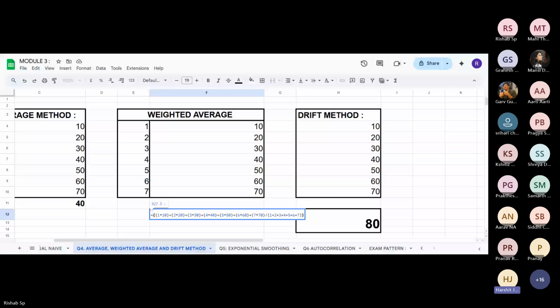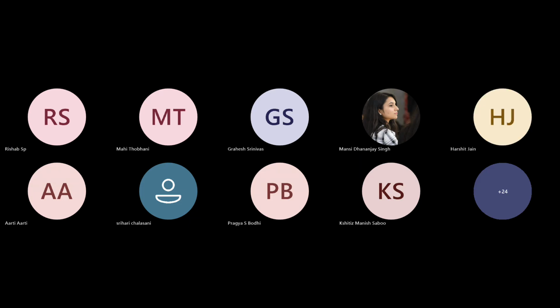Can you please explain autoregression and autocorrelation once?